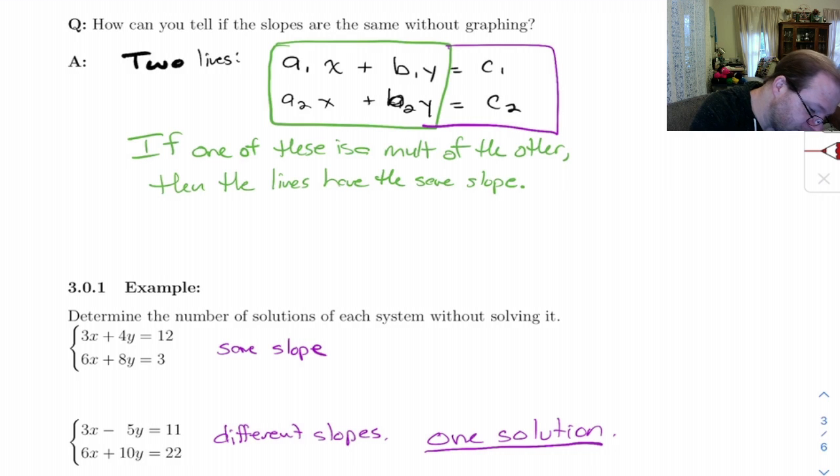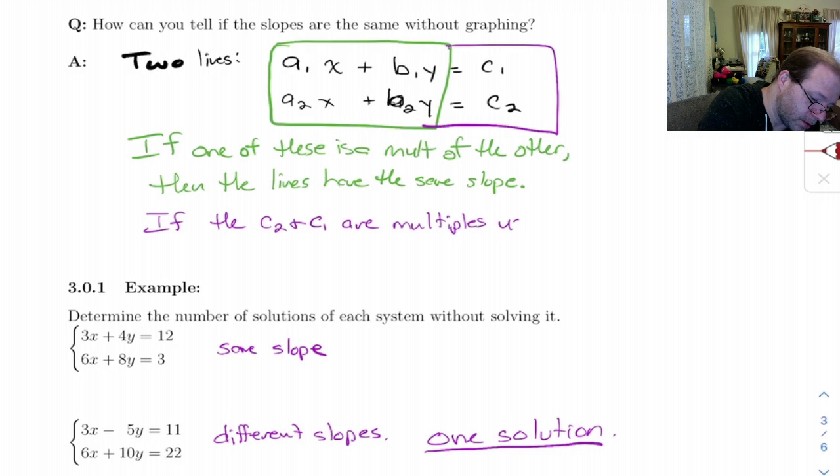So if one of these is a multiple of the other, then in order for it to be the exact same line, let's see, how do I say this?